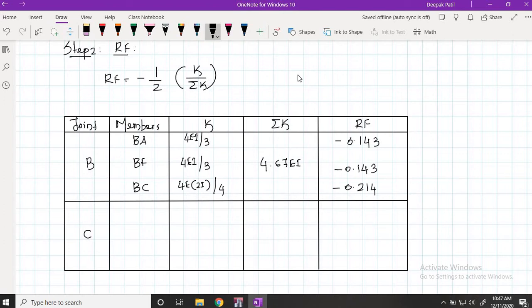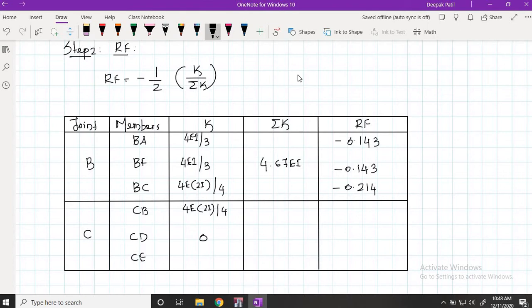So these are the rotation factors which we have calculated. Now coming to joint C, once again three components are joining, CB, CD and CE. CB is once again 4EI over L, 4E into 2I over 4. CD is actually the overhang portion, no stiffness will be there, so it should be considered as 0.